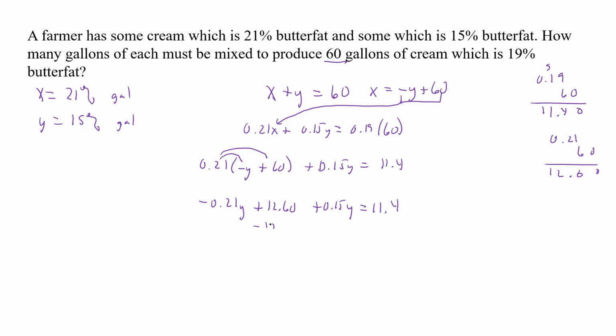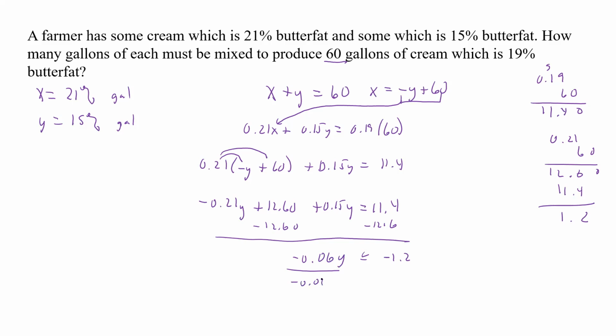Now we'll subtract 12.6, and so 11.4 minus 12.6 is going to be negative 1.2. And here we have negative 0.21 plus 0.15, so it's going to be negative 0.06y. Now divide by negative 0.06.